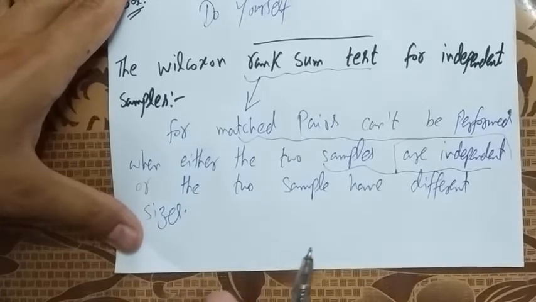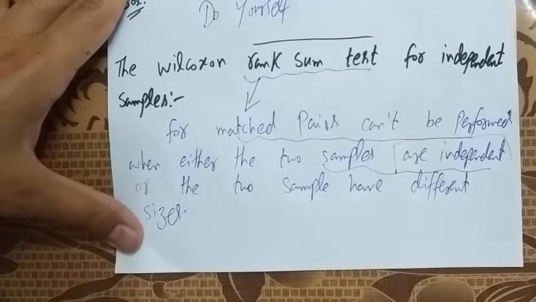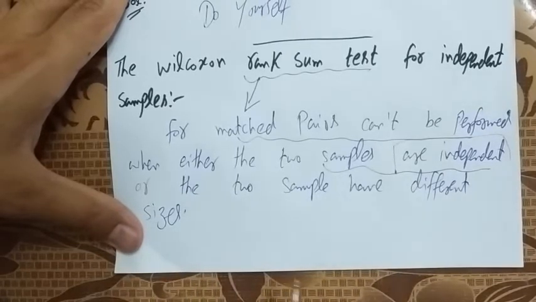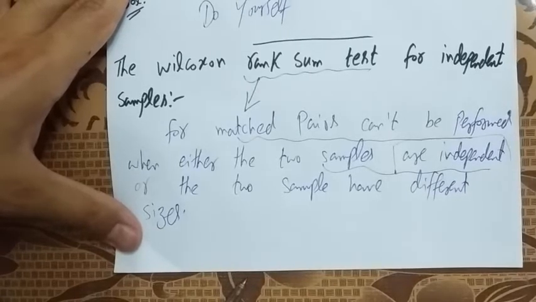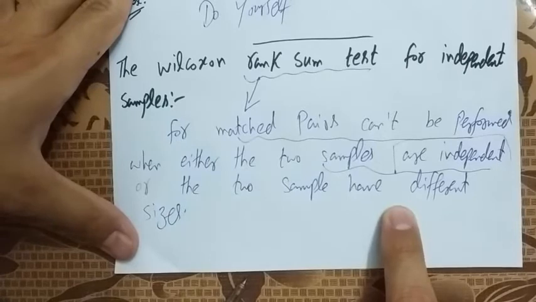If one sample is n1 equal to 11, the other sample also has n2 equal to 11. If one sample is 13, the other is also 13. But in the Wilcoxon rank sum test, the sizes of the two samples are not equal.